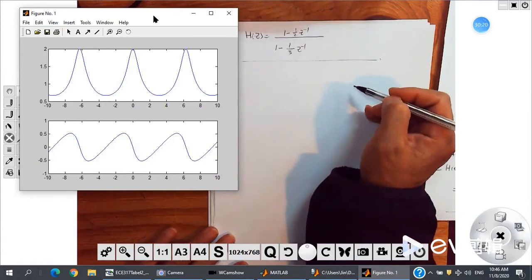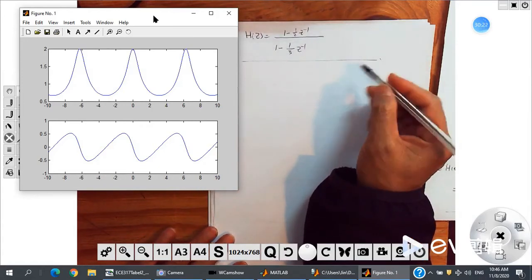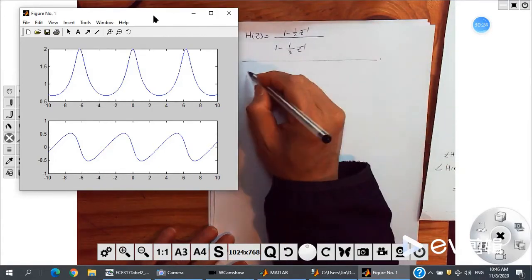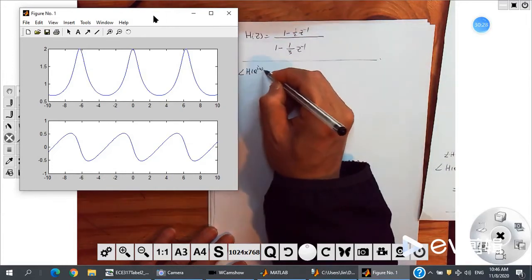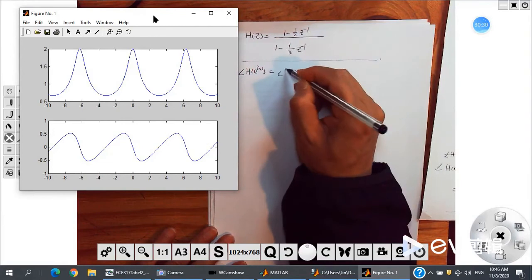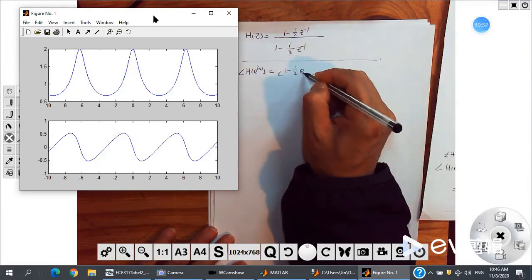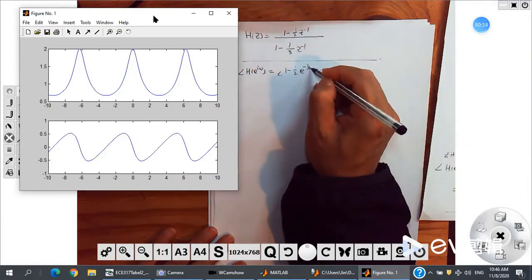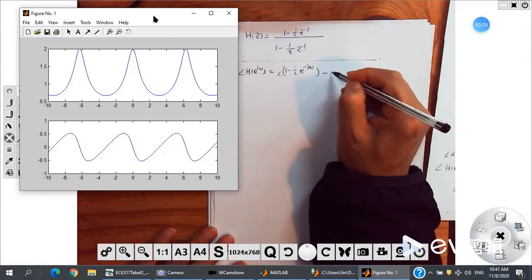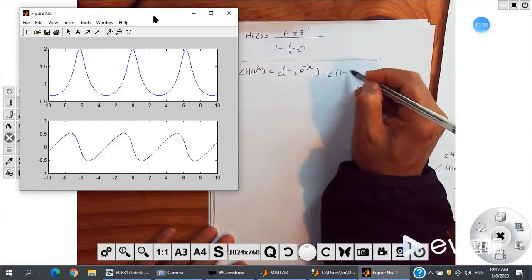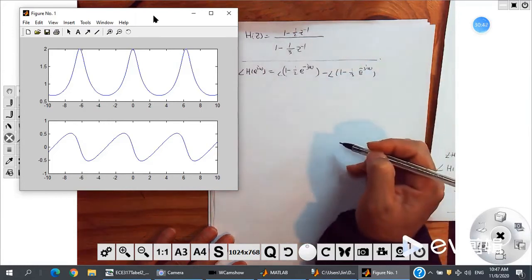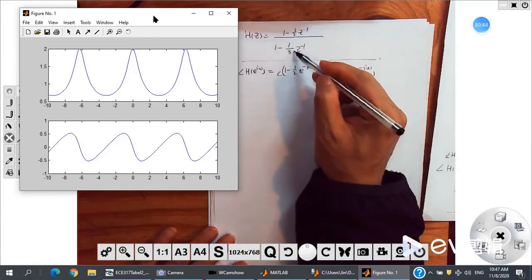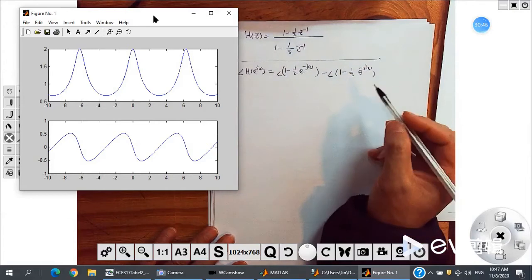For this one, now the angle will be more complex. So now the angle of H of e to the j omega will be the angle of 1 minus 1/2 e to the negative j omega, minus the angle of 1 minus 1/3 e to the negative j omega. So we can calculate it this way, right? This one minus this one as an angle is minus.